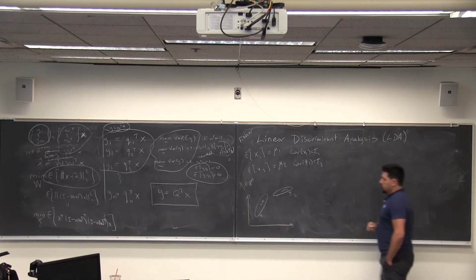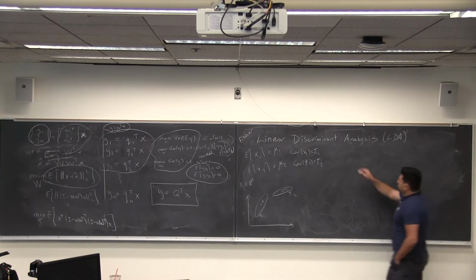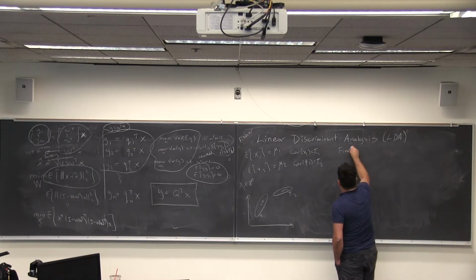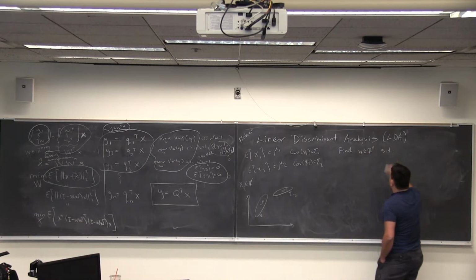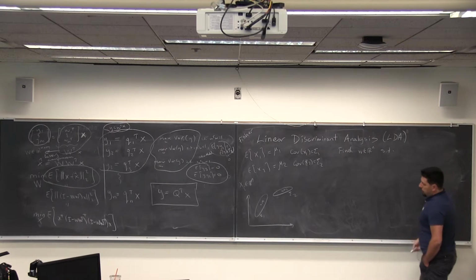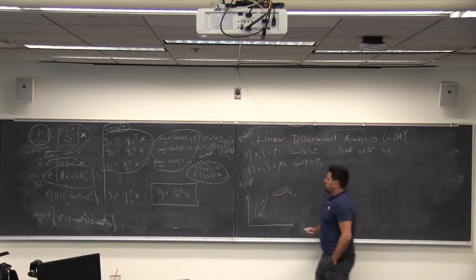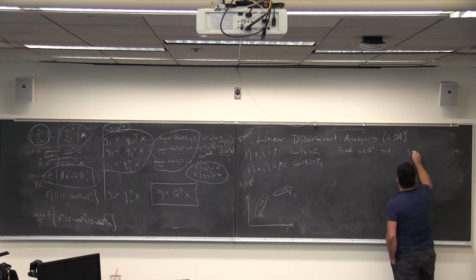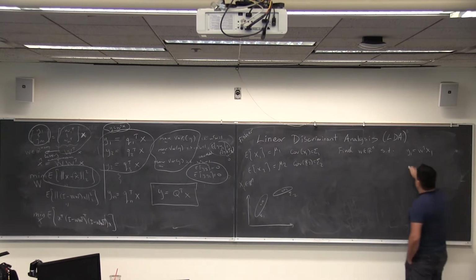I'm interested in finding a vector W such that if I project data coming from the first random vector x1, those projections will be y1.